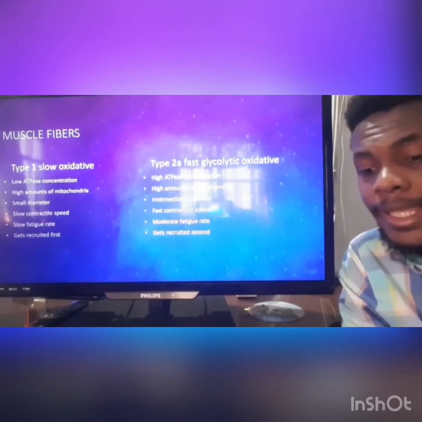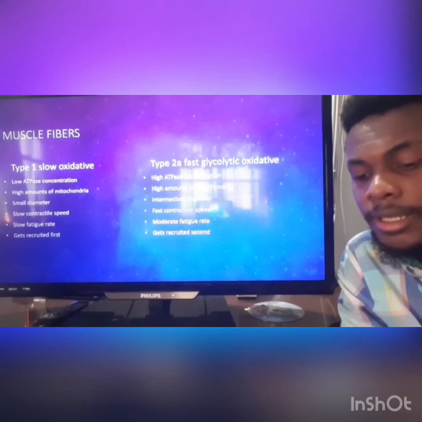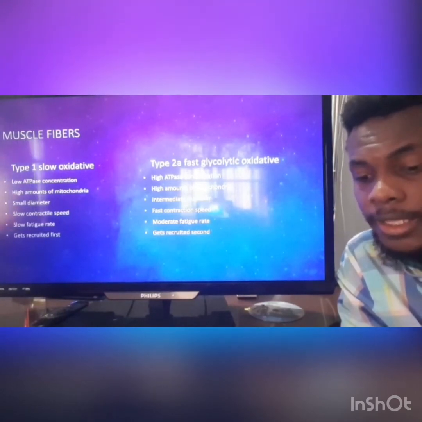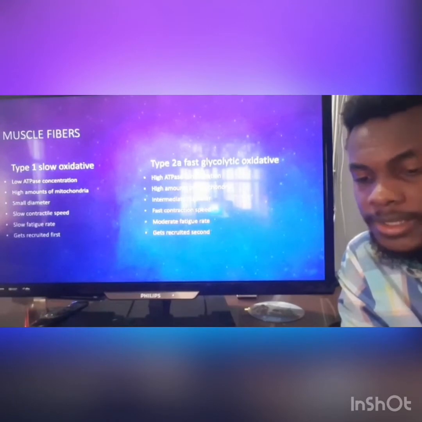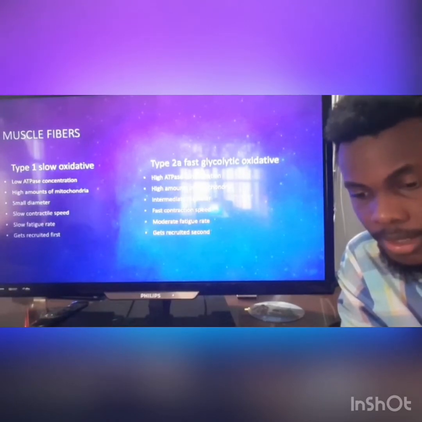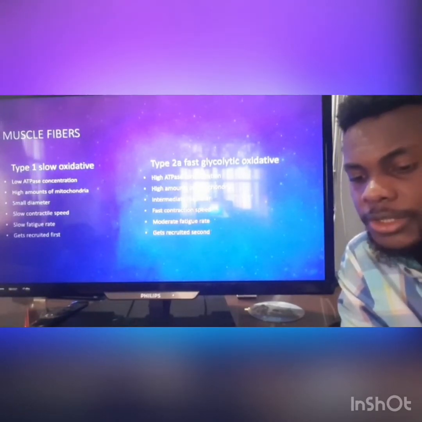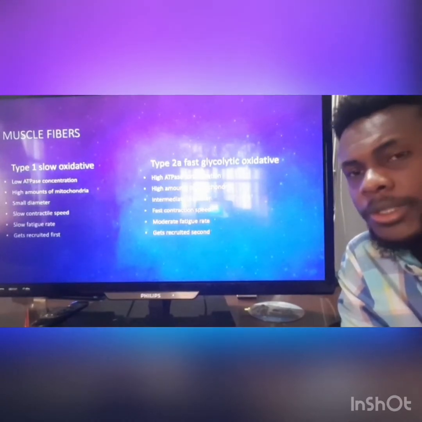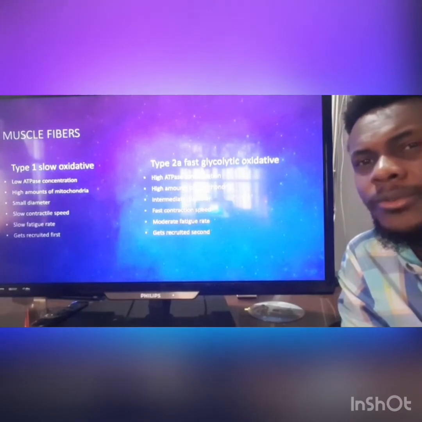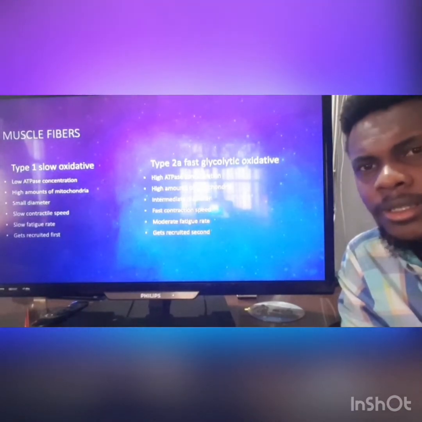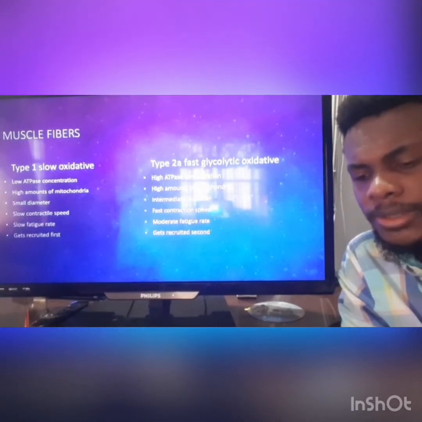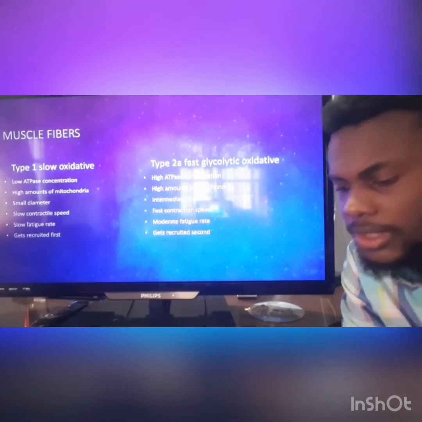Because of the high ATPase concentration, the power stroke is much faster, so it creates a fast contraction speed. Moderate fatigue rate, right? This fiber could go on for like 20 minutes, 30 minutes, right? And it is also recruited second.